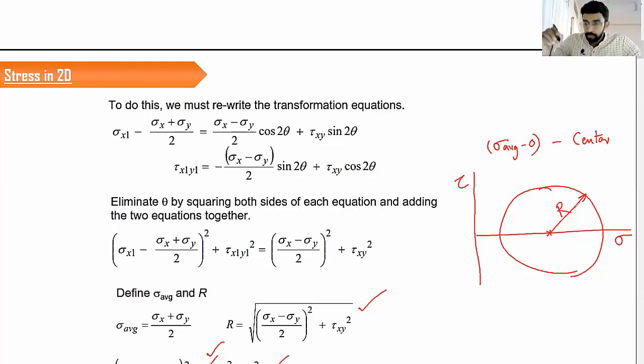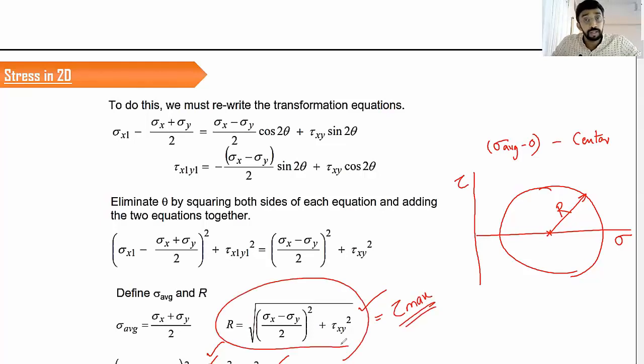One is that the average is going to be the center of the Mohr circle. Second, the radius is equal to tau max or tau min, because this is the equation that we used to calculate the maximum shear stress. So the radius of the Mohr circle is tau max. These are the two important conclusions we can make from this equation.